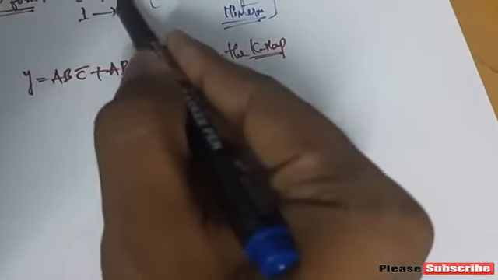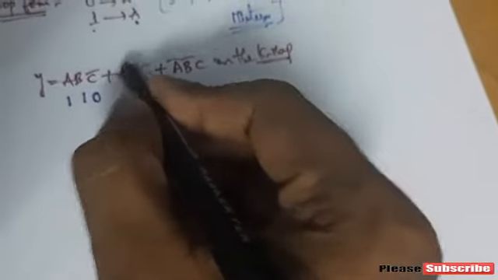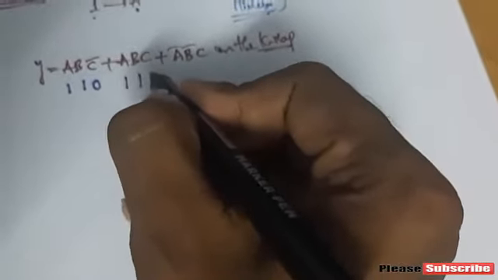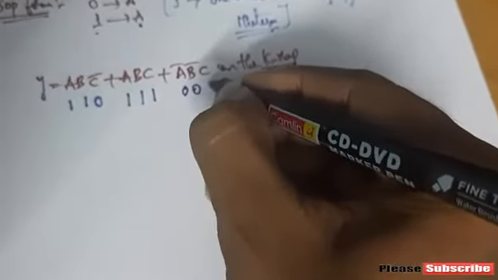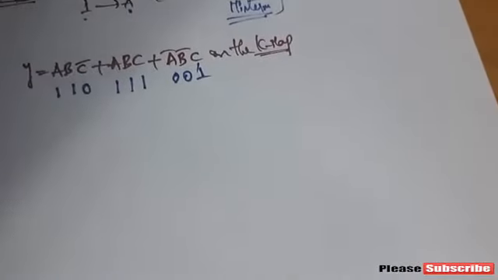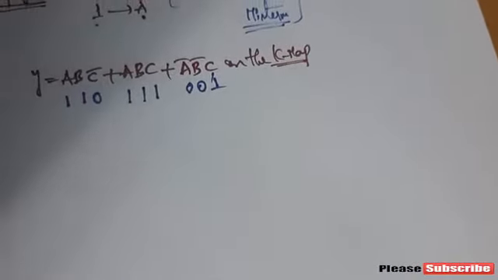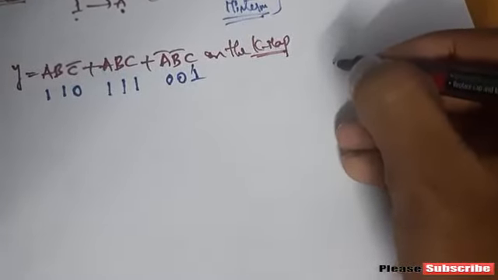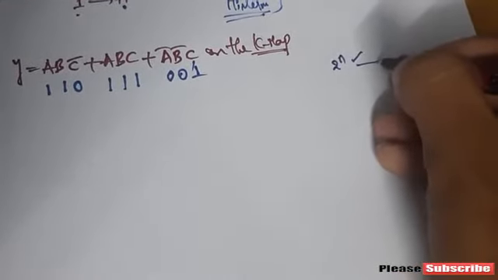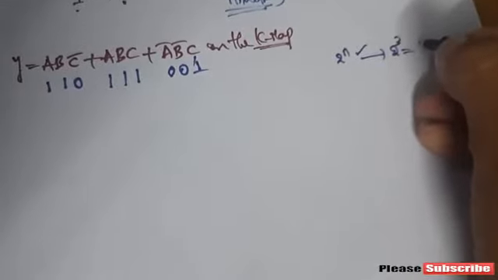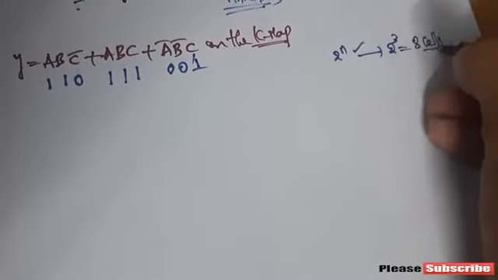Here 0 represents A bar, 1 represents A. That means 1 1 0 means A B C bar, and 0 0 1 means A bar B bar C. This is a 3 variable function, so by the formula 2 power n, 2 power 3, there will be 8 cells.